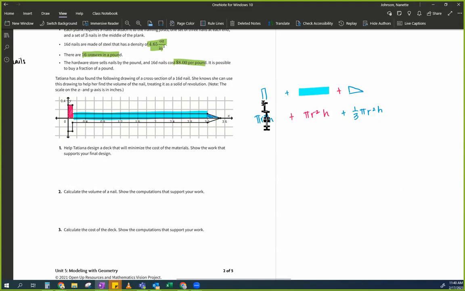Okay. So the hard part here is going to be imagining what the r and the h are for each of these cases. So again, you're revolving it around your x-axis to make sure that you're getting the right thing. So here, this is going to be your radius, and this is going to be your height. This is your radius. This is your height. This is your radius, and this is your height.